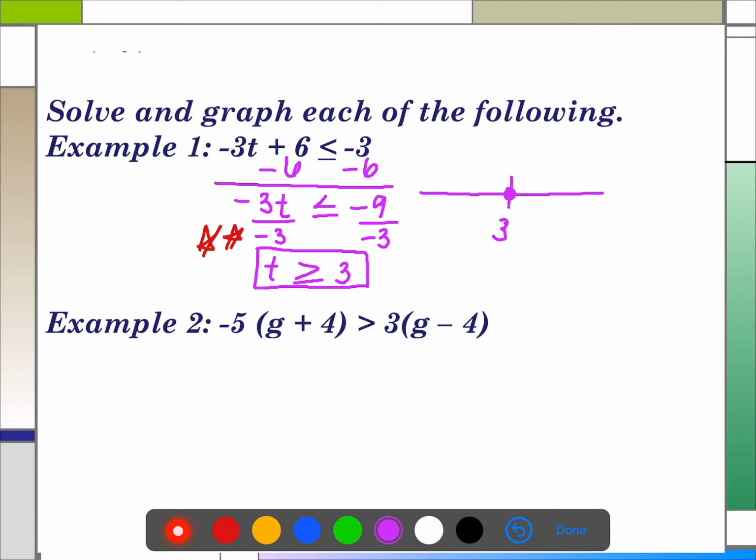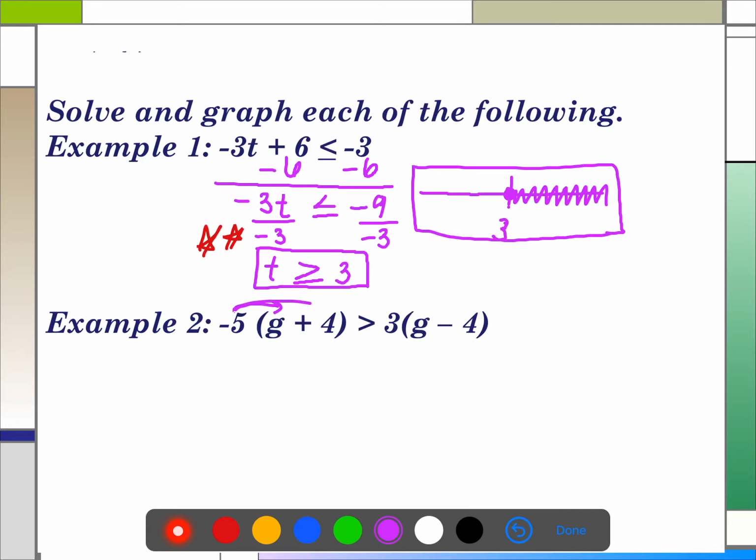And this says greater than 3, so I'm going to put my shading. Please make sure you use an obvious squiggle line. Do not darken the line. This graph is part of my final answer as well. Hopefully you didn't find that to be too terrible.